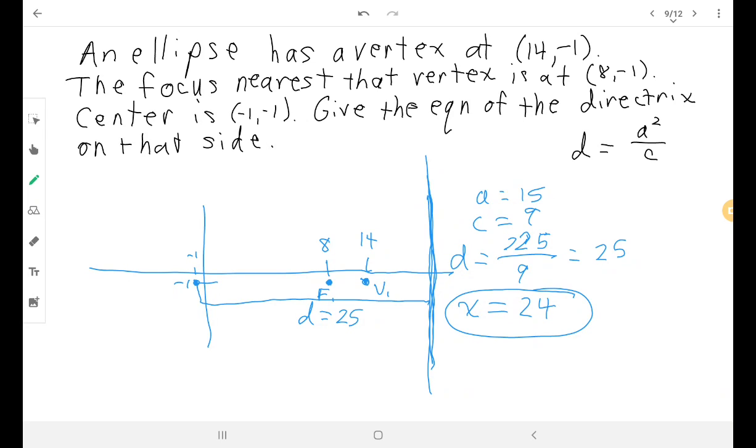The directrix on the other side is x equals -26, right? -1 plus -25. Yeah. All right. I'll let you look at that, see if there are questions. Moving along pretty well here. There being no questions, I'll move on.